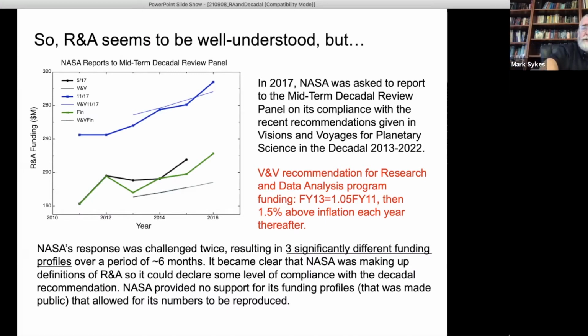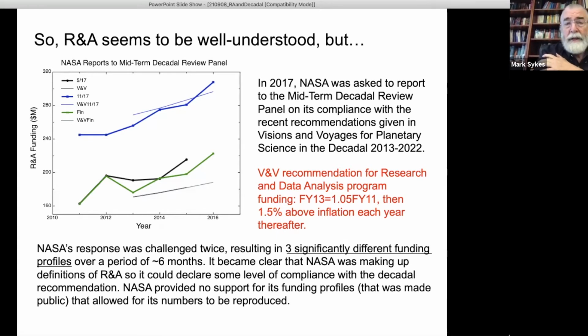The thin lines are the Decadal recommendation, because it all bases on whatever the 2011 number is. The Decadal said, hey, 2013 has got to be 5% above the 2011 number.